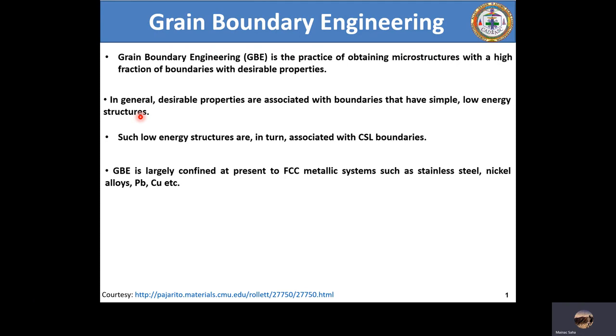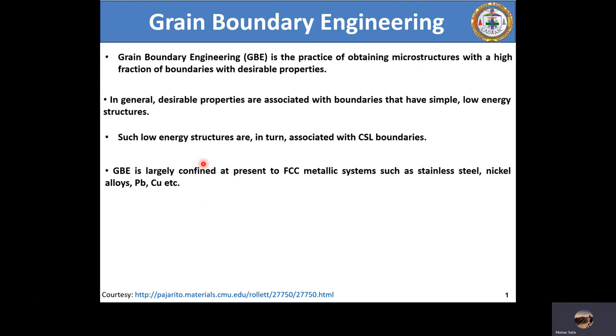And then the second reason is that not all FCC metallic material systems behave alike. For example, in the case of fully austenitic stainless steel, the AISI 3XX series, has a low stacking fault energy. Even nickel has a low stacking fault energy, and copper has a low stacking fault energy. So there is a high chance of twinning to accommodate plastic deformation, as well as a high chance of formation of annealing twins, which form during grain growth accidents.